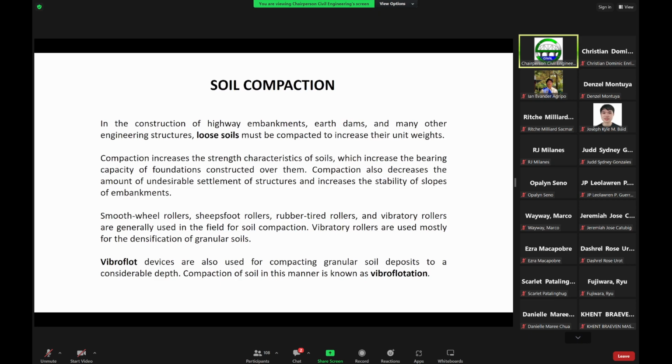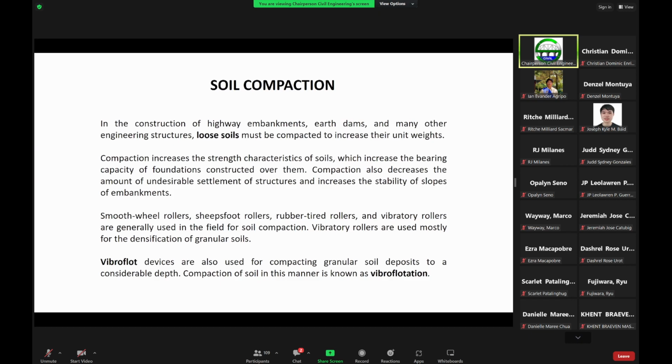Smooth wheel rollers, sheep's foot rollers or rubber tired rollers, as well as vibratory rollers, are generally used in the field for soil compaction. Vibratory rollers are used mostly for the densification of granular soils.